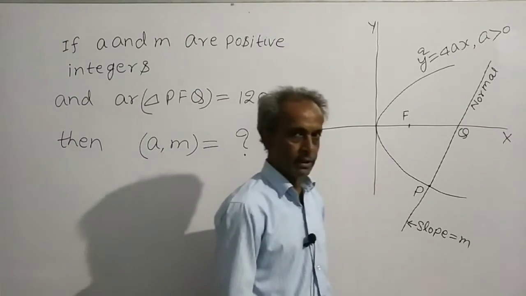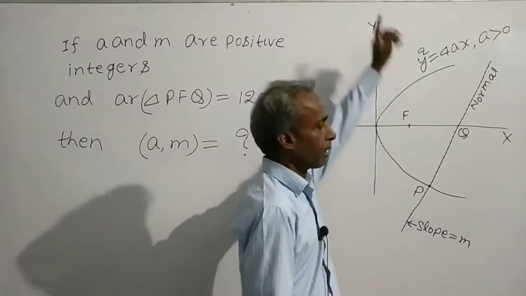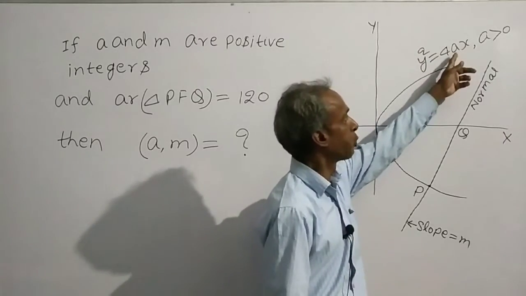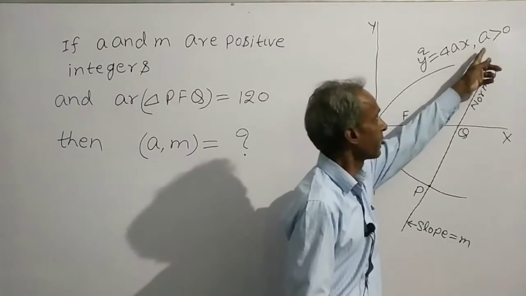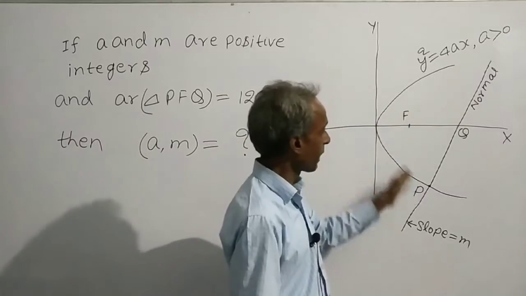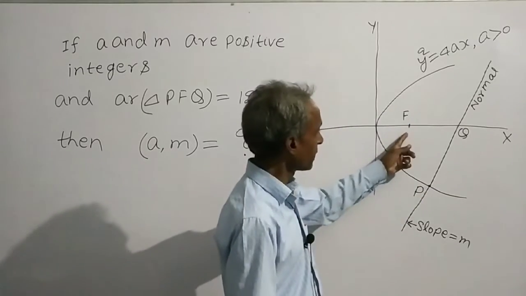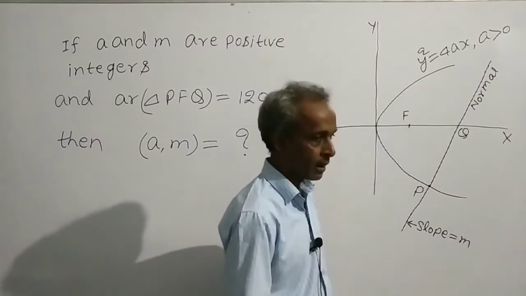In the question, it is said that y square is equal to 4ax, where a is positive, is a parabola. F is the focus of this parabola.